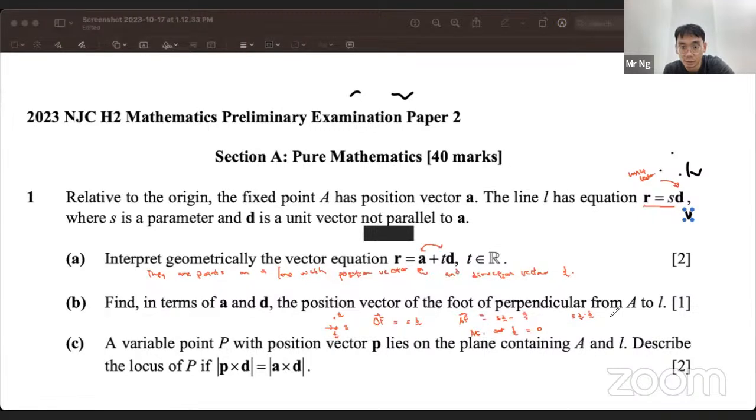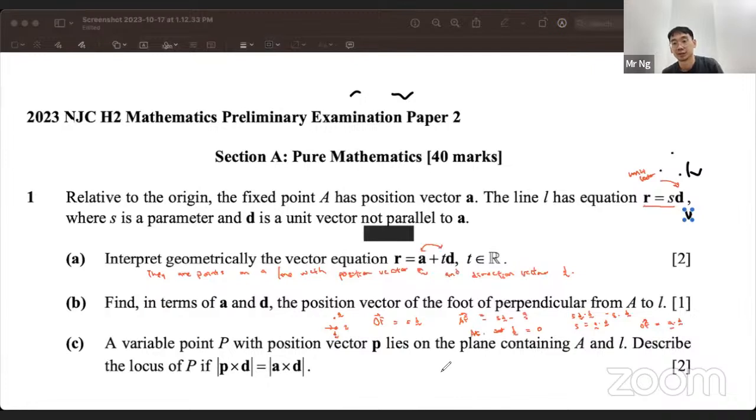And after that, minus A dot D. Okay, so S equals A dot D. So OF is equal to A dot D times D. So OA dot D, right? That gives you the scalar projection.